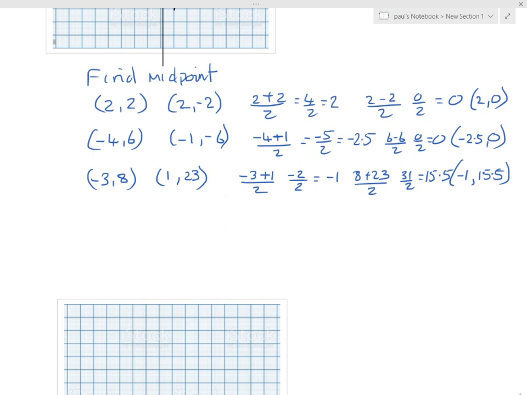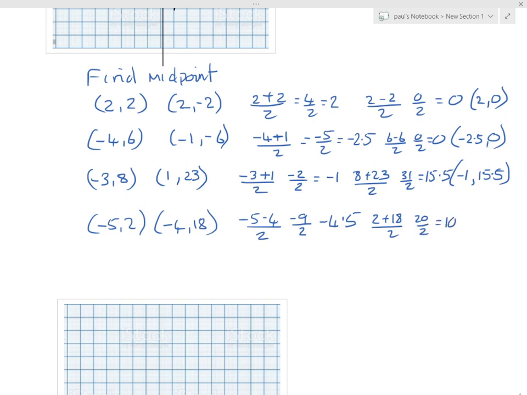Fourth one of these without a graph, minus 5, 2, and minus 4, 18. Add the x's, minus 5 minus 4 over 2, which is minus 9 over 2, which is minus 4.5. And the y's are 2 plus 18 over 2, which is 20 over 2, which is 10. So the midpoint is minus 4.5 and 10.